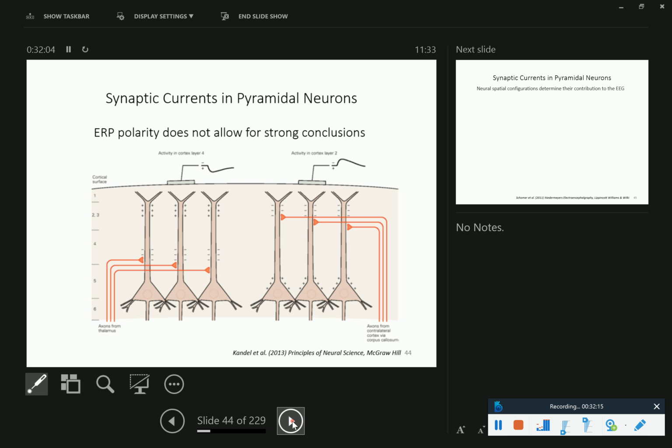The basic model of EEG is that you need synchronized activity in a lot of cells, in a lot of pyramidal cells in the cortical sheet.